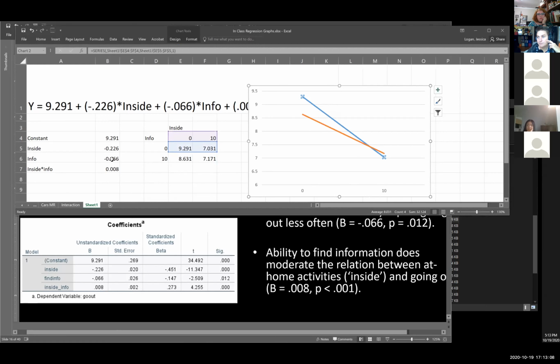That's because as this value goes up, the negative slope gets less negative, more towards positive.